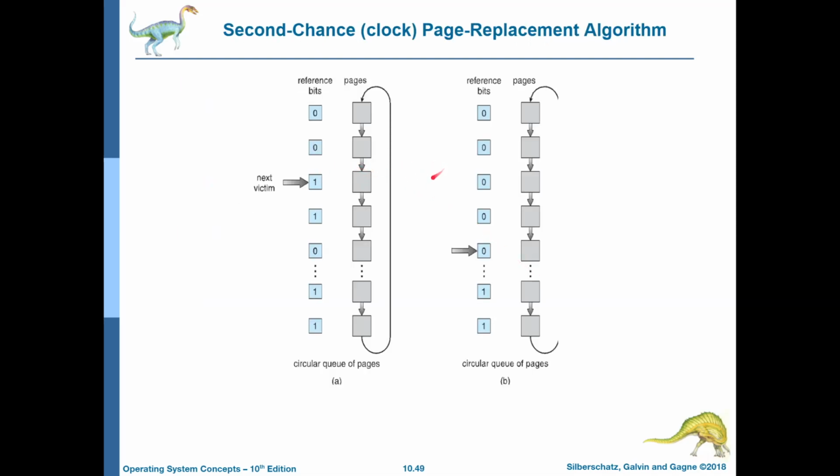Let's say, for example, we have this pointer that is pointing to a page that has been referenced. Whenever a page fault happens, this pointer is moved forward until a 0 is found.